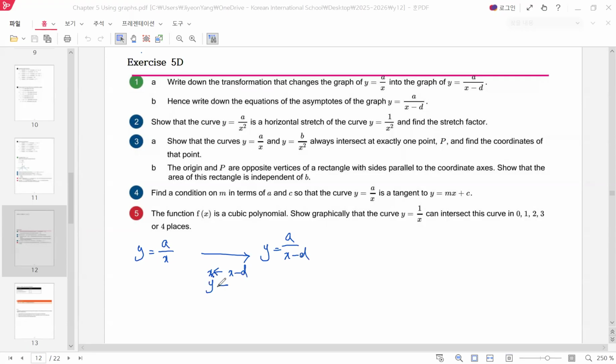Instead of y, it's just y, right? So from here, y minus is actually 0, right? So you can find the translation vector: d and 0. Minus d, then 0, 0, and 0. Minus d, and then d, 0, and 0. Sorry, do you understand?